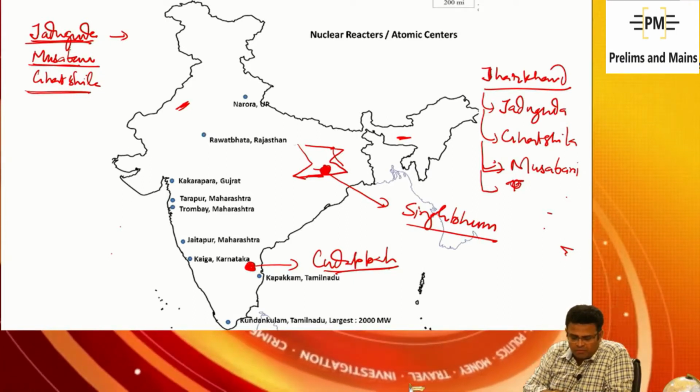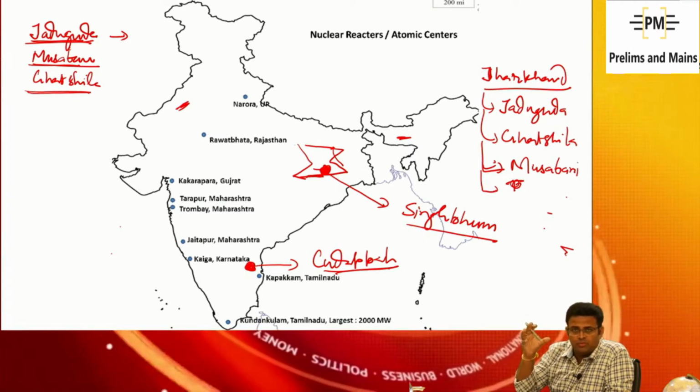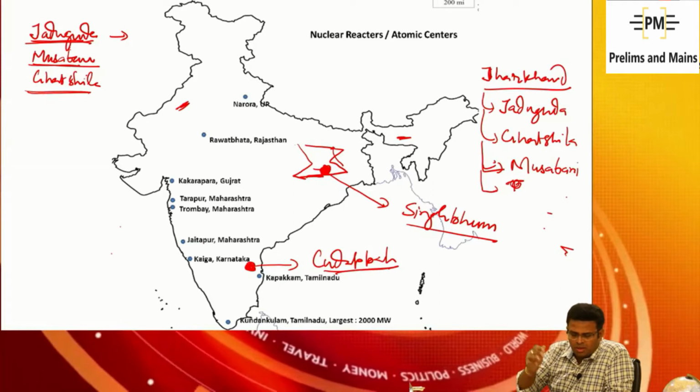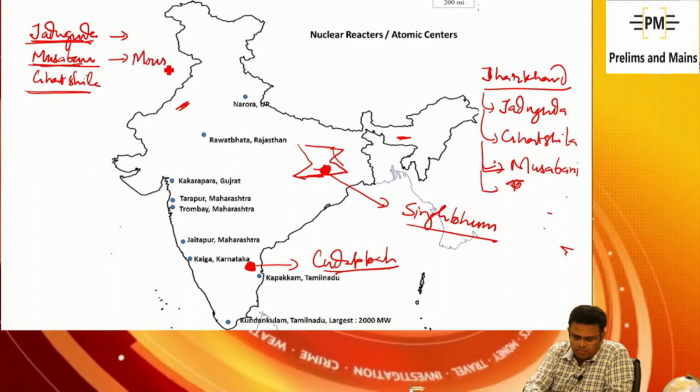So the radiation of uranium is doing some Jadu. And Musabani, you can remember as mouse.